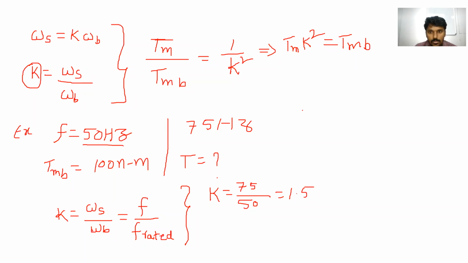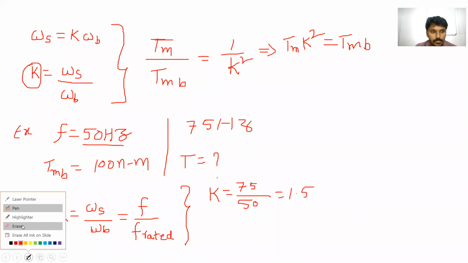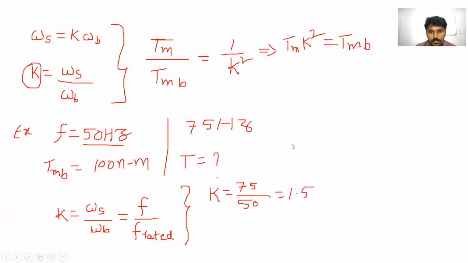So now we can easily find the torque by using this equation: Tm is equal to Tmb upon k square.